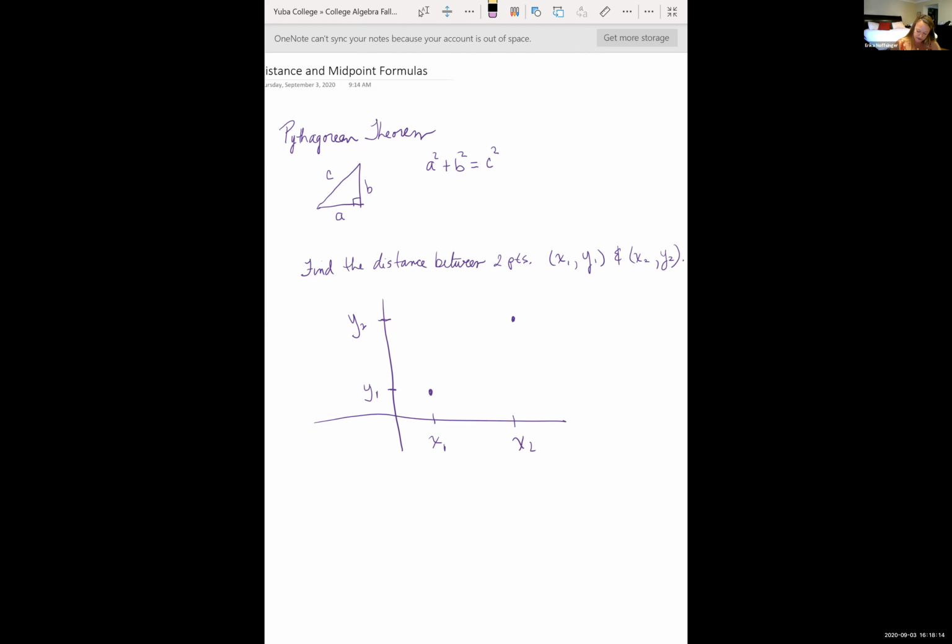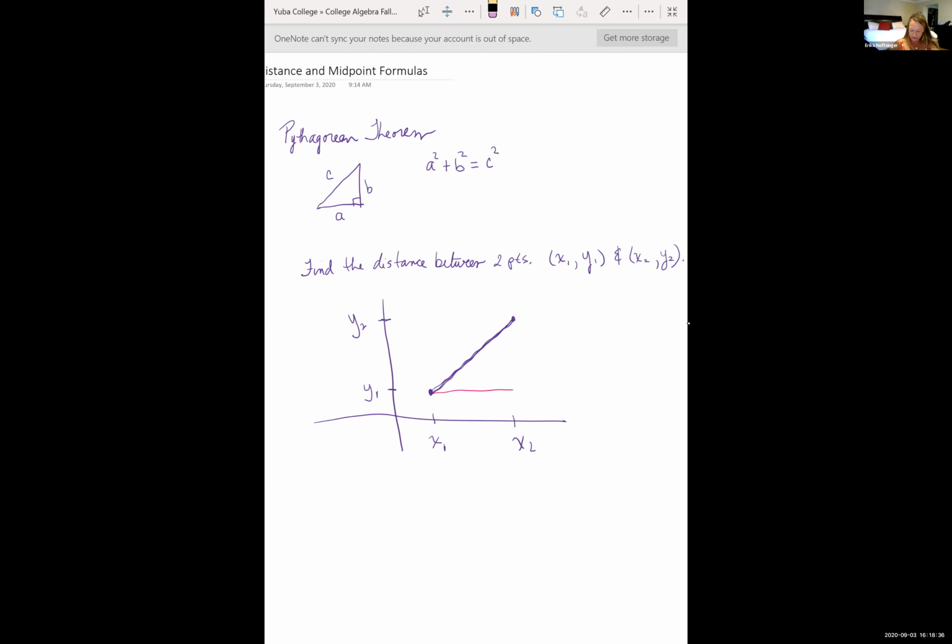And we're trying to find this distance in here. So we want to find that length of a line between those 2 points. So what we can do is we can form a right triangle with this. And so let's look at the distance between x sub 1 and x sub 2.